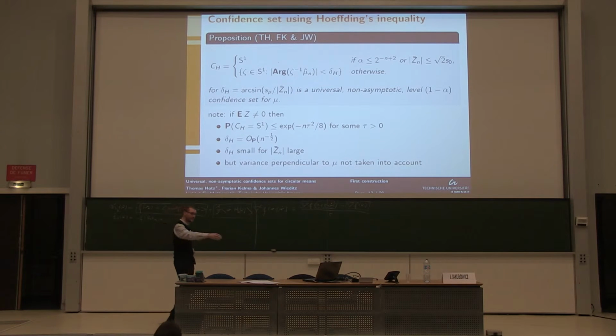So if you observe an average which is close to the boundary of the circle, then the data should be concentrated, and this is taken into account. But the variance perpendicular to this direction, whether it's large or small, you don't control. And of course, this will play a role too if you want to have a small confidence region.